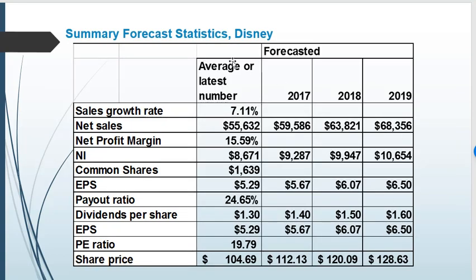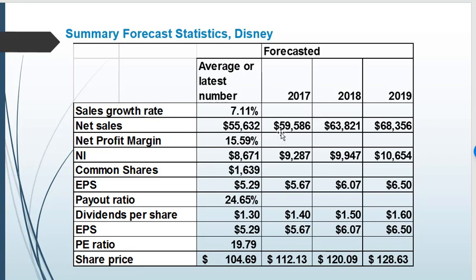So here we have this first column, which is either the average number we had from the previous page or the actual last number. So the sales growth rate was 7.11%. And net sales the last year was 55,632.